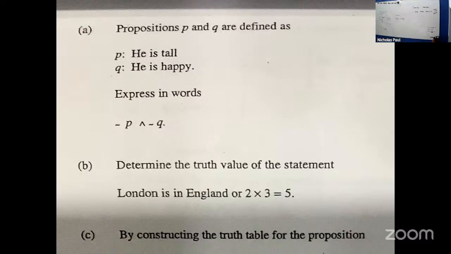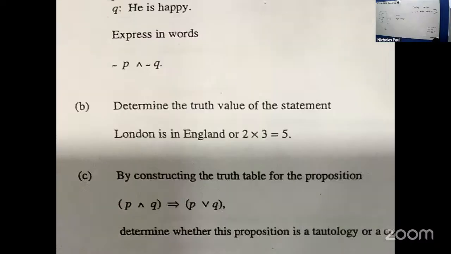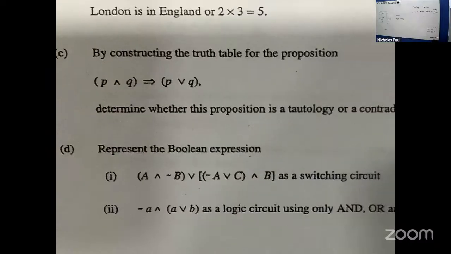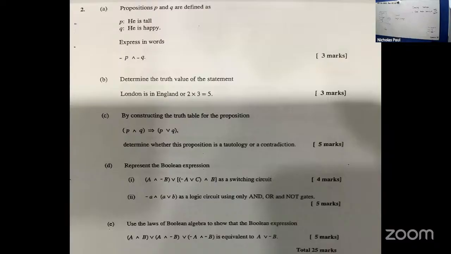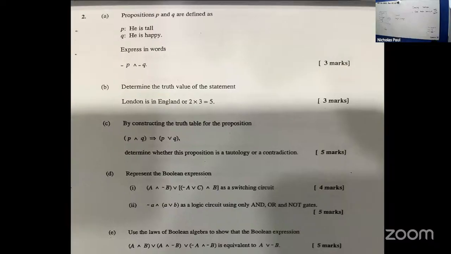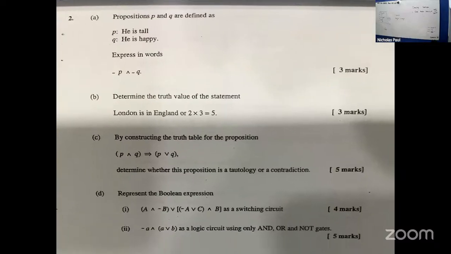Try A and B. And then we have C and D. Try the whole thing actually, except part E. Let's actually finish off that, right? Darian, you working?